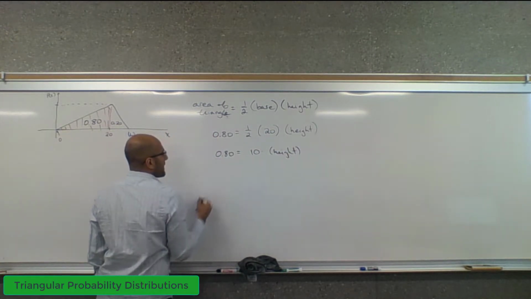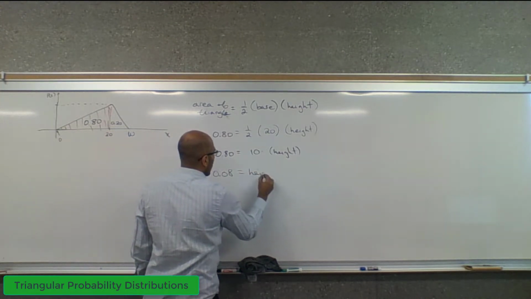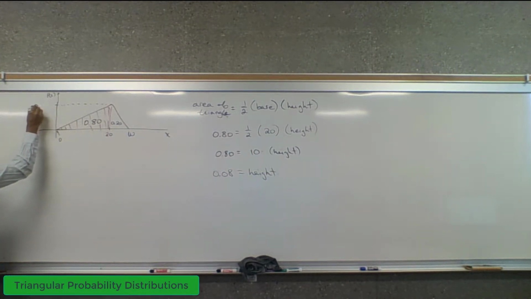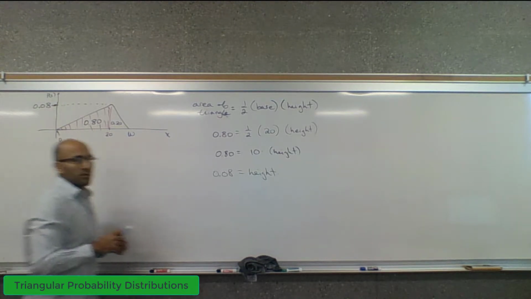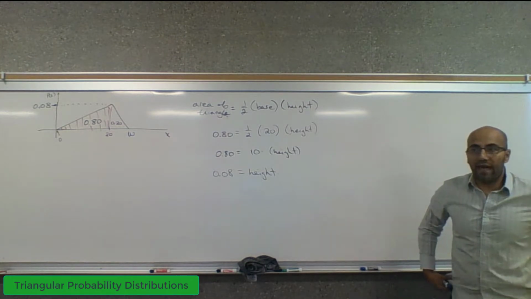So then divide both sides by 10 and we get 0.08 is equal to the height. So now we know that this must be 0.08 right in there. That's the number that makes the left triangle in red valid.